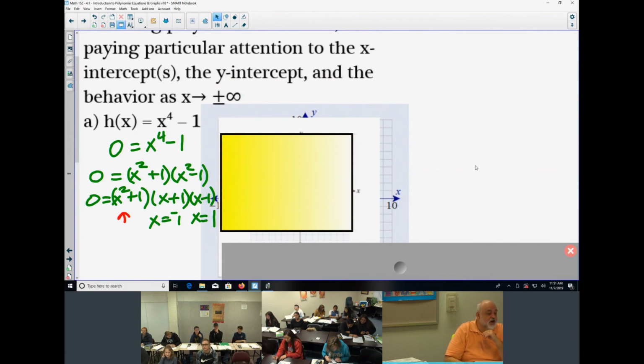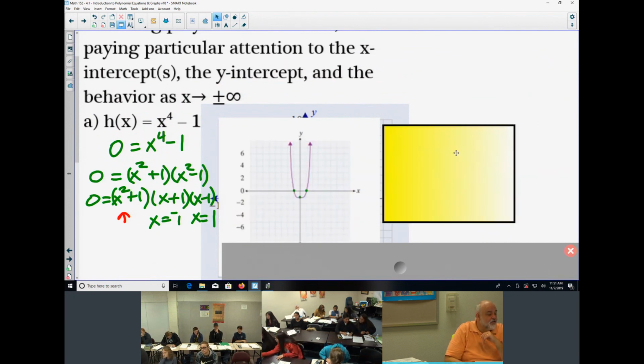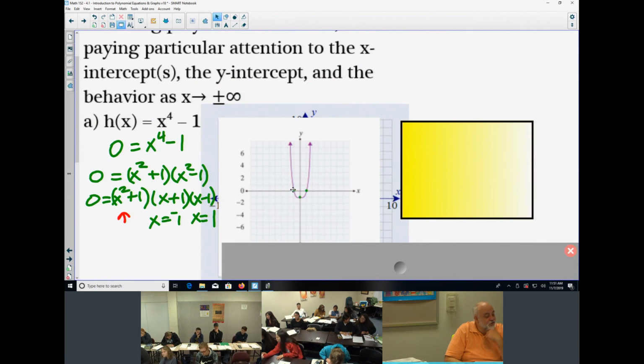So your graph should include these 3 points, x-intercepts at negative 1 and positive 1, a y-intercept at negative 1, and then both ends up. Okay?